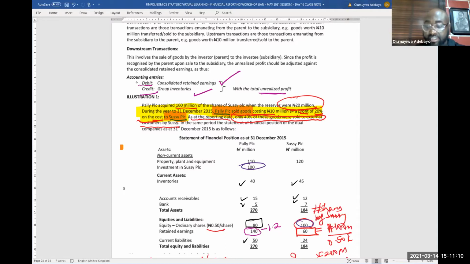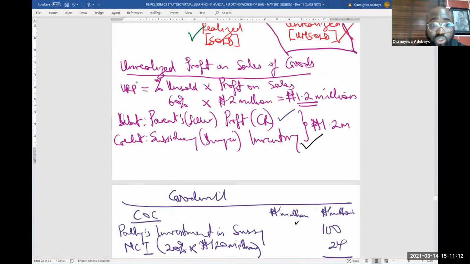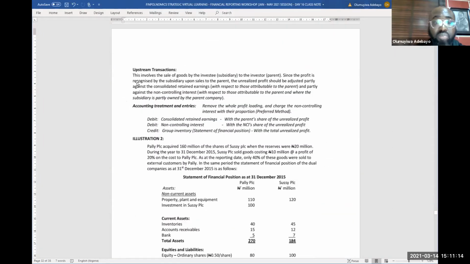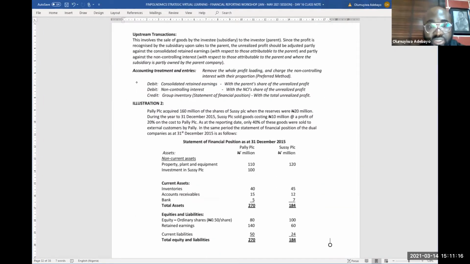Every other figure is exactly the same as what we want to do now. But in this case, Susie sold to Pali. That's just the difference in the question.